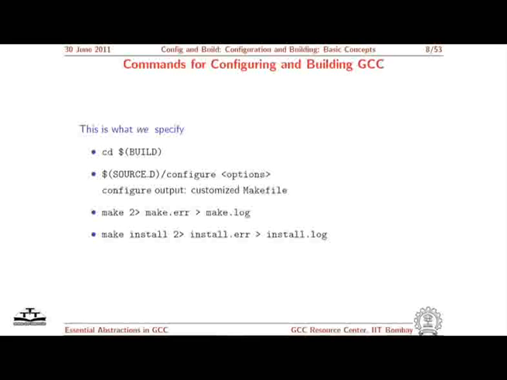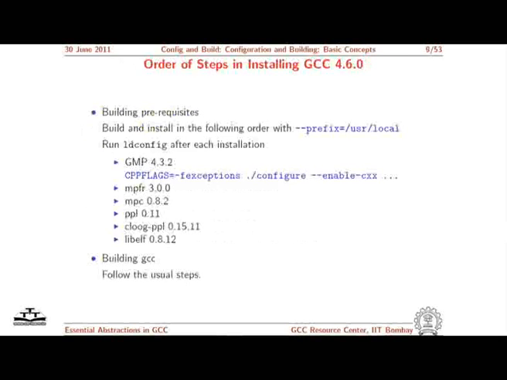There's another option called make check, whereby we can run the test suite. There are lots of programs in the GCC test suite which are run on the generated compiler to check whether the compiler is correct, but here we are omitting that. So what are the steps in building GCC? We have to build all prerequisites and install all these things.